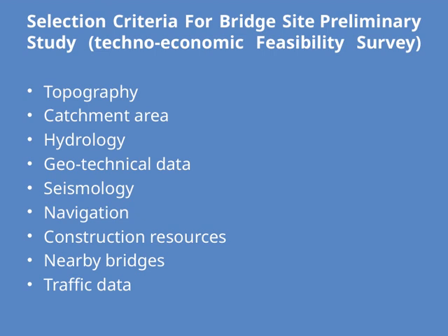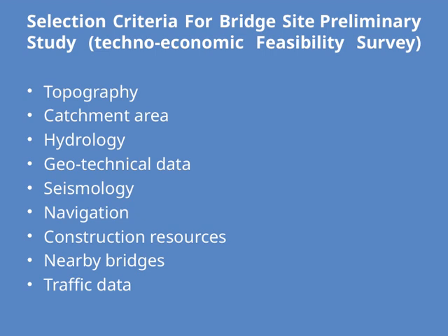Navigation is another critical aspect, particularly if the bridge spans a navigable waterway, as we need to ensure sufficient clearance for vessels. Construction resources, meaning availability of materials, labor, and equipment nearby, influence project logistics and costs. We also look at nearby bridges, because their presence can impact the site selection, either by providing precedent or highlighting challenges such as congestion or structural interference.